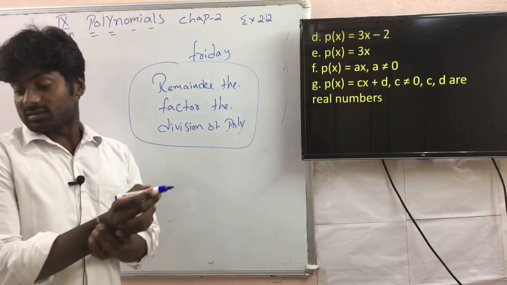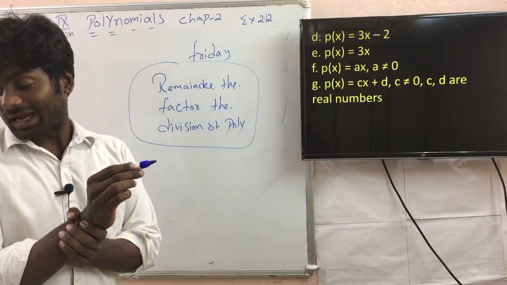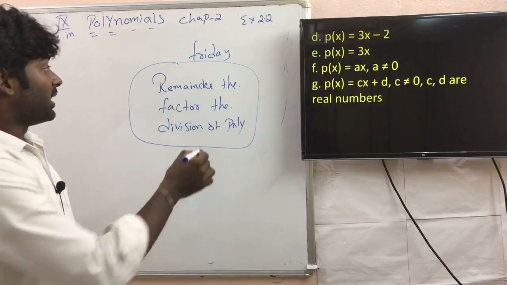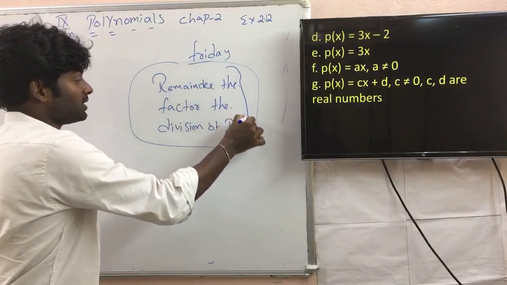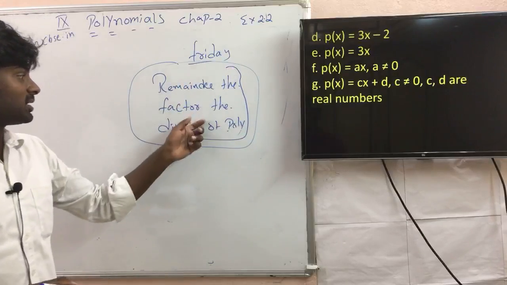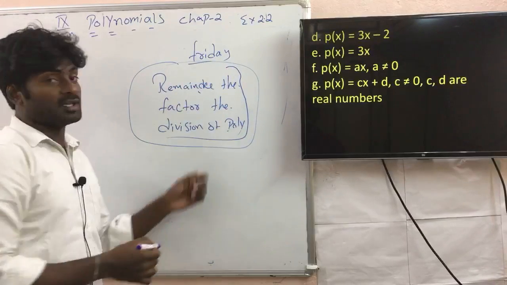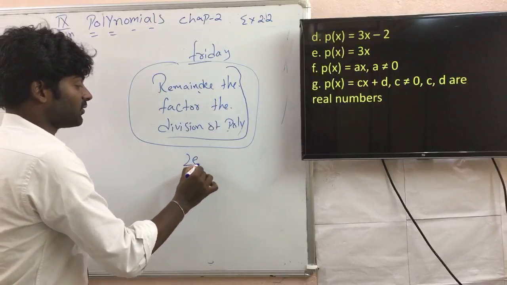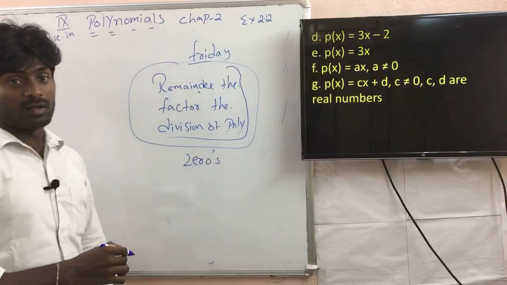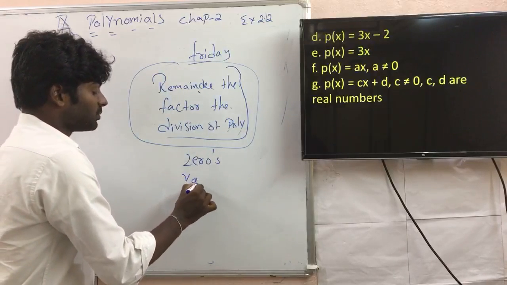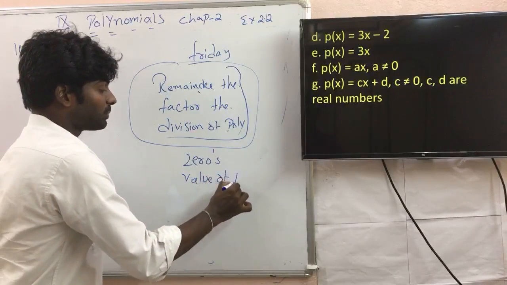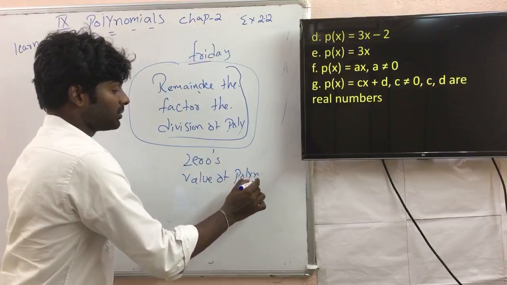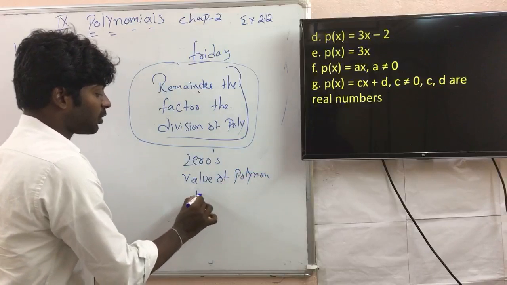So once again I am saying, Riddhi, Selvi, Shivam, Raghav, Sujit, Vishal and Kritik, you can also bring your friends. Next Friday we are going with these three topics, and these are very important for this chapter. Already we are done with zeros of the polynomial, values of polynomial at particular values of variable, and types of polynomials.